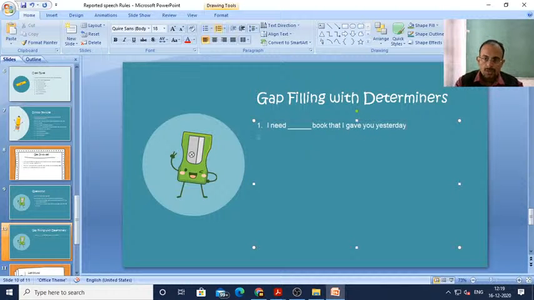If that is multiple choice, then it can be a, it can be an, it can be the, and it can be some, for example. So this is what gap filling on determiners is all about. So you've got to write the answer.